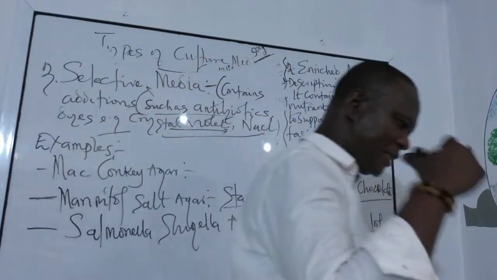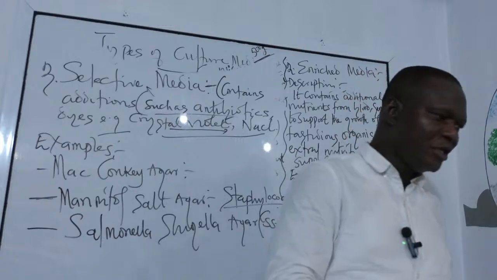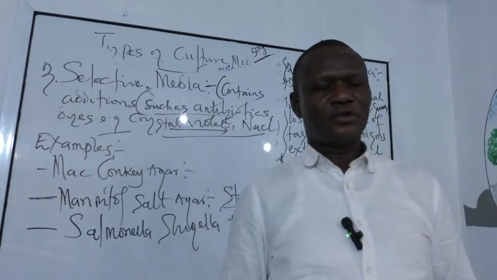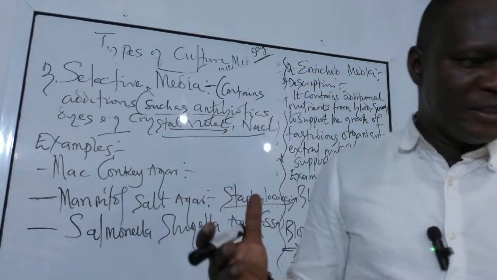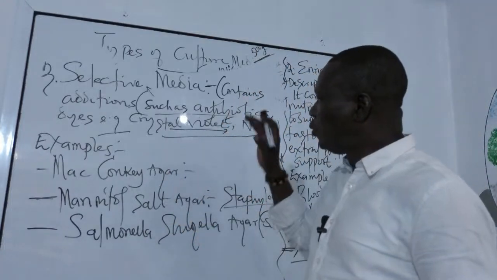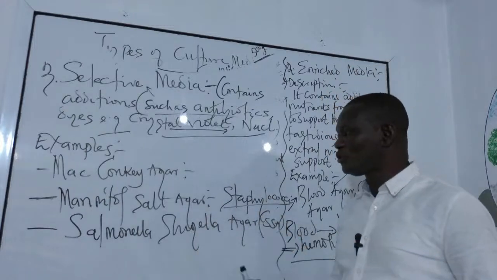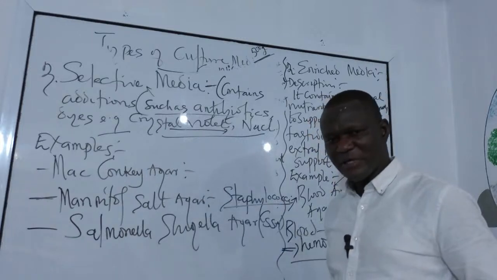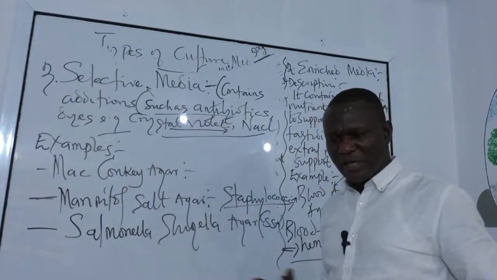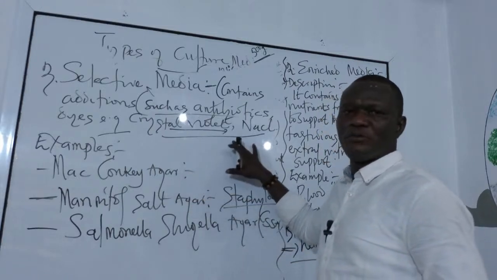By the time you are selecting, you are already differentiating, distinguishing, discriminating. And that is the number one reason that is going to tell you which of these agar you should use. If you are looking for just gram negative, especially lactose fermenters and non-lactose fermenters, you use MacConkey.